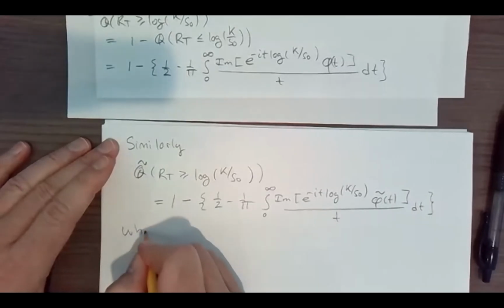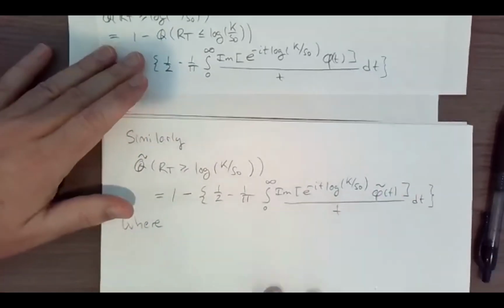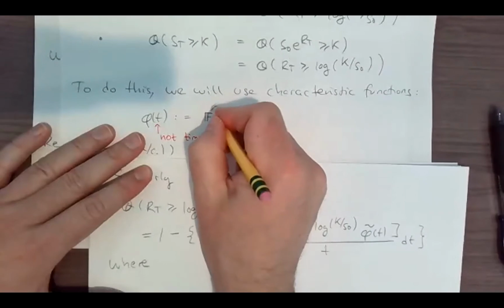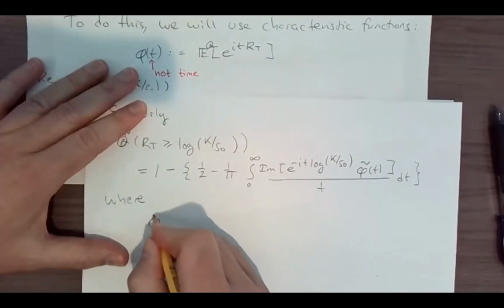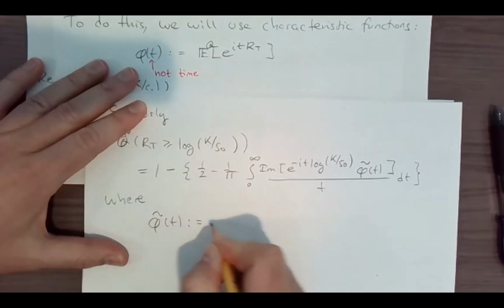where this characteristic function was computed on the Q, you need the characteristic function on the Q tilde.